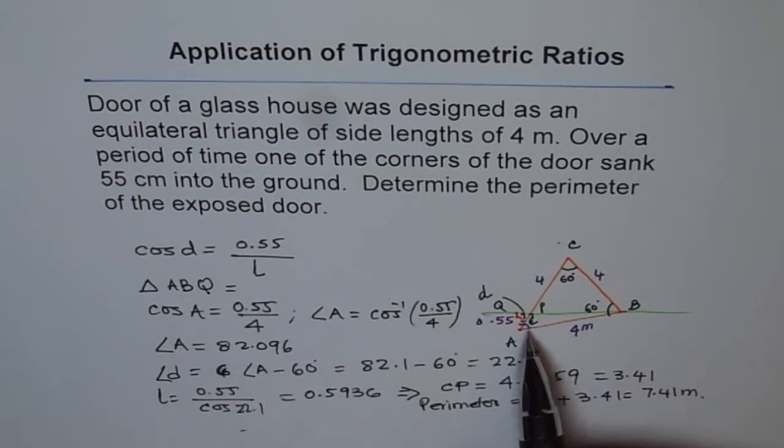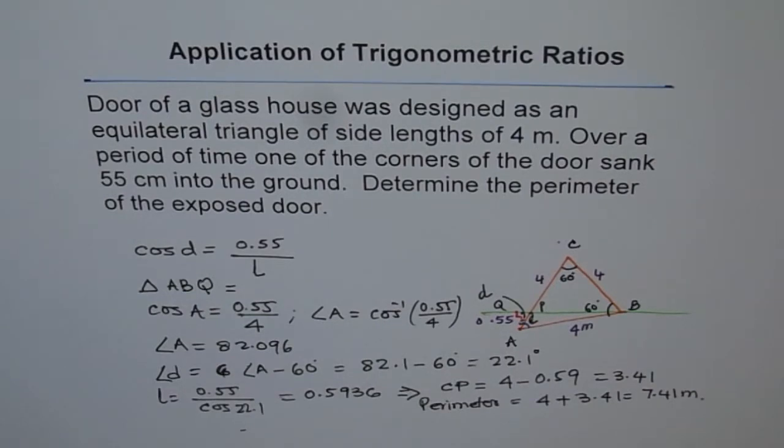Taking that length away from 4 gave us the exposed length, and adding that to the other side gives the total perimeter of the exposed door. So that's a tricky and very good question to go through. I hope it helps. Thanks.